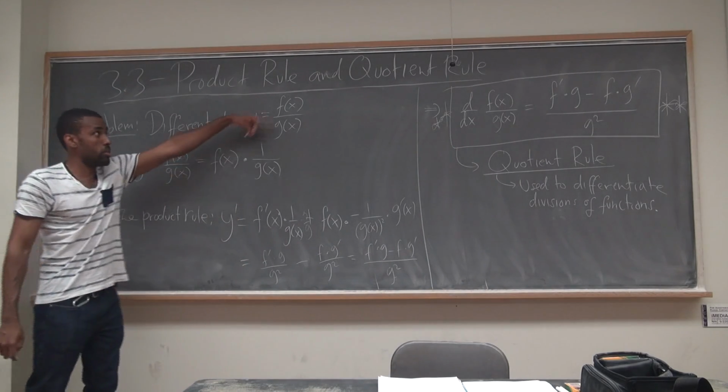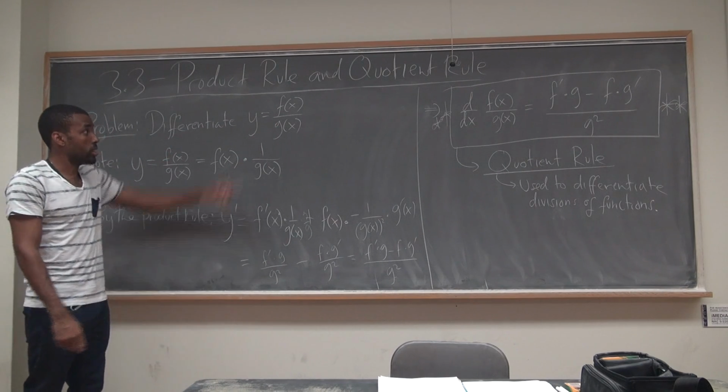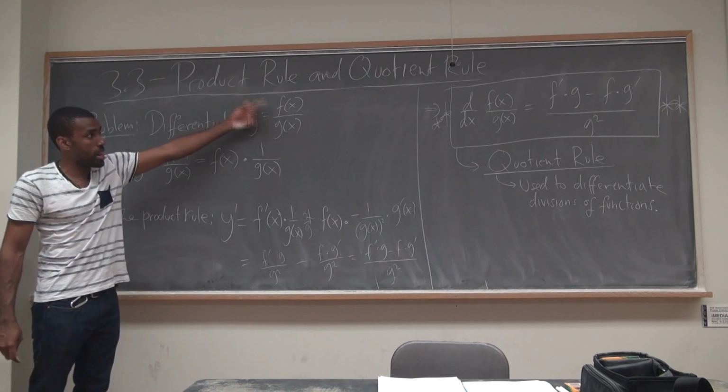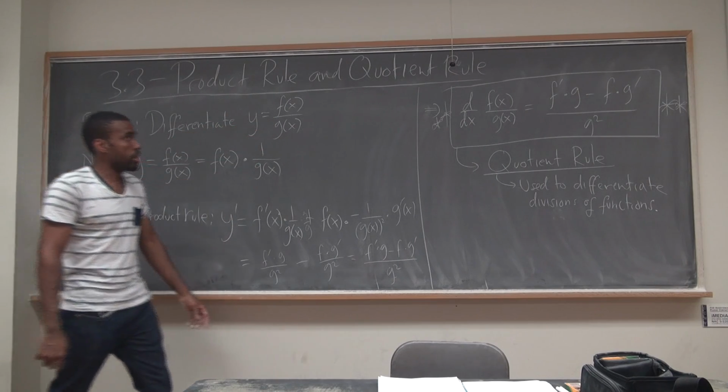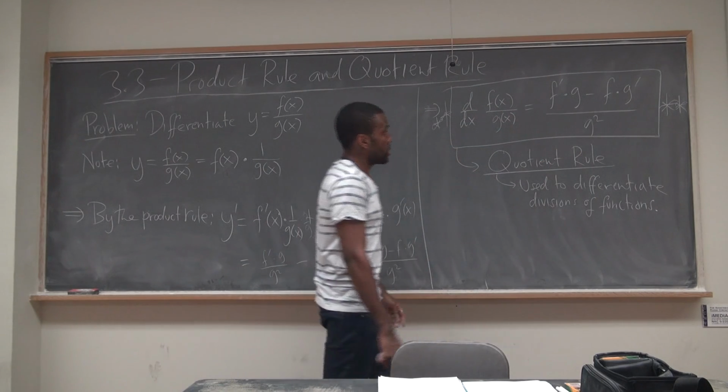So it turns out with division, you can't just differentiate each piece and stick it together. That will actually give you the wrong answer. If you're dividing one function by another, then the derivative of that kind of function is going to be this.